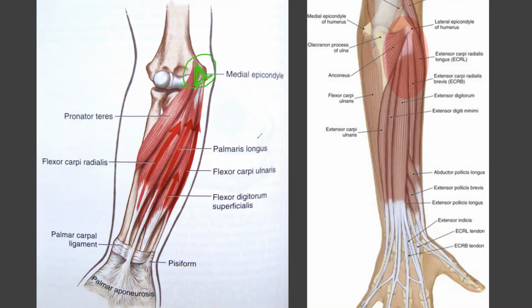What's easier to do, the forward curls or the reverse curls? Forward. Yeah. On average, you can lift about 2 to 4 times more with wrist flexion than you can with wrist extension. Your extensors are not nearly as strong as your flexors.